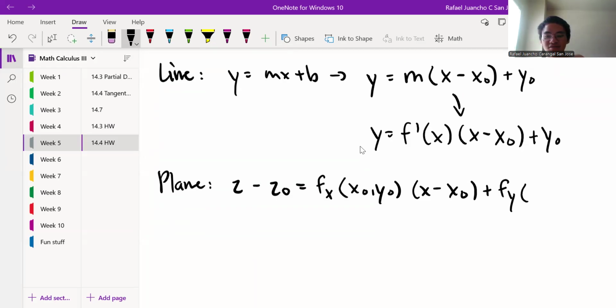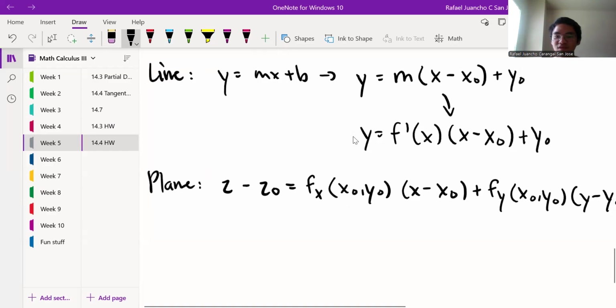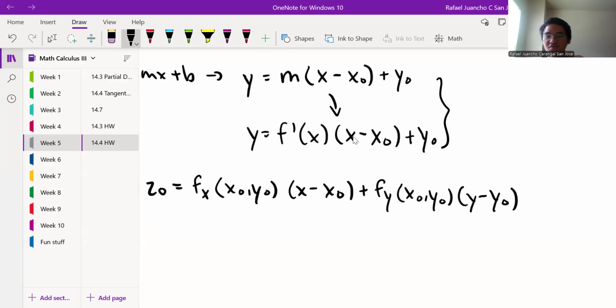And then I add my derivative at that point. Here you notice the pattern, right? So this is a derivative of one variable, and this is the derivative of two variables.